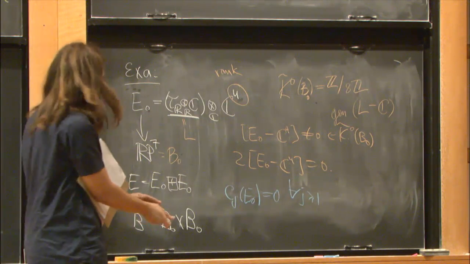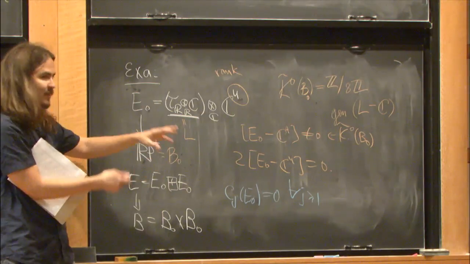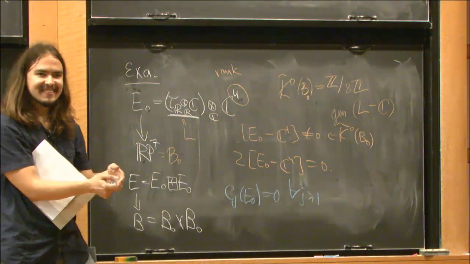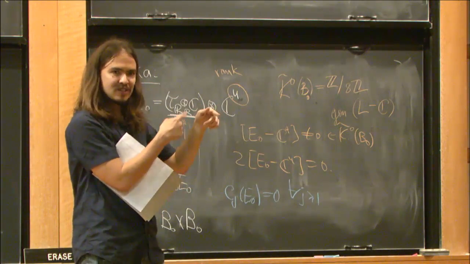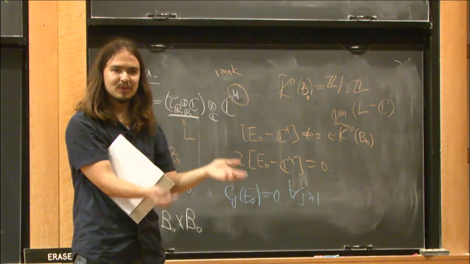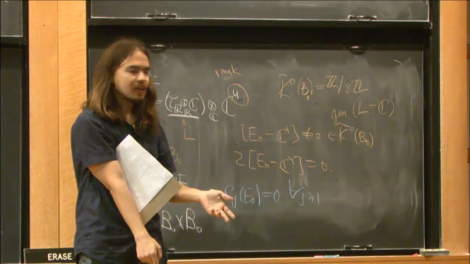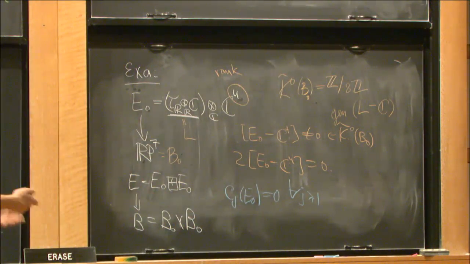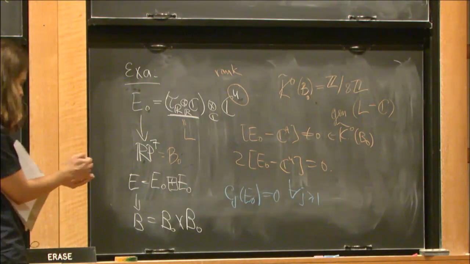And over RP7 there are just 4 line bundles, Z mod 2 cross Z mod 2, RP7 cross RP7. Okay. And then it's easy to check that.